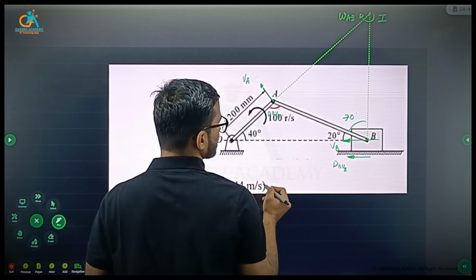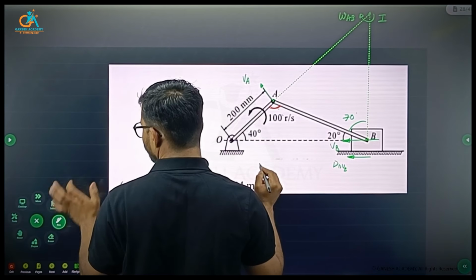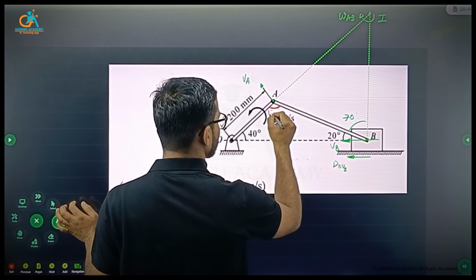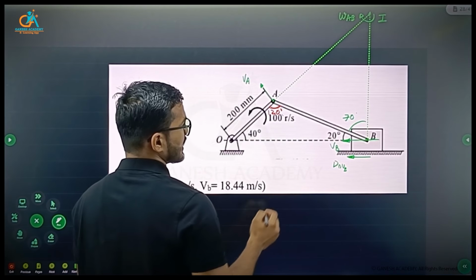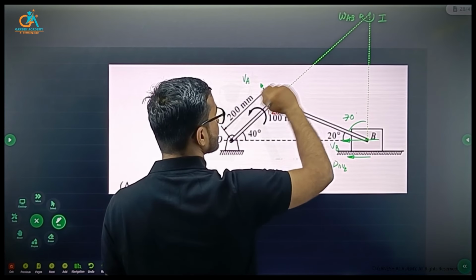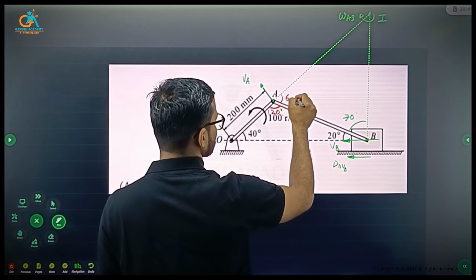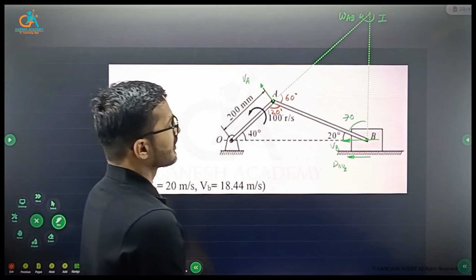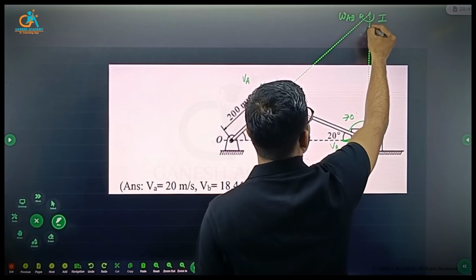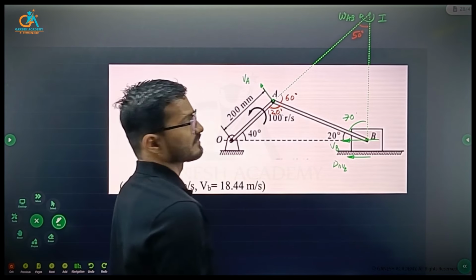So this angle here should be 120 degree, and if this is 120 degree, these OA and I are in the same line, so this should be 60 degree. And for this triangle ABI, if this is 60, this is 70, this angle should be equal to 50, correct?